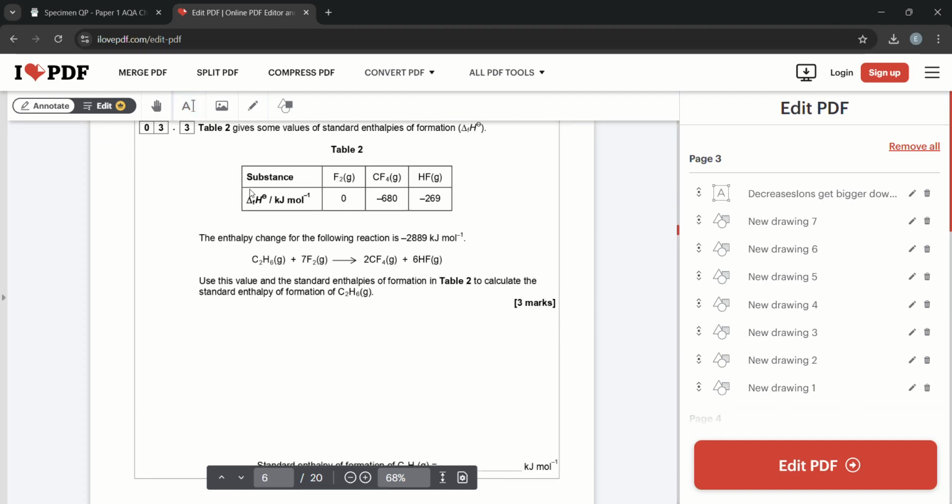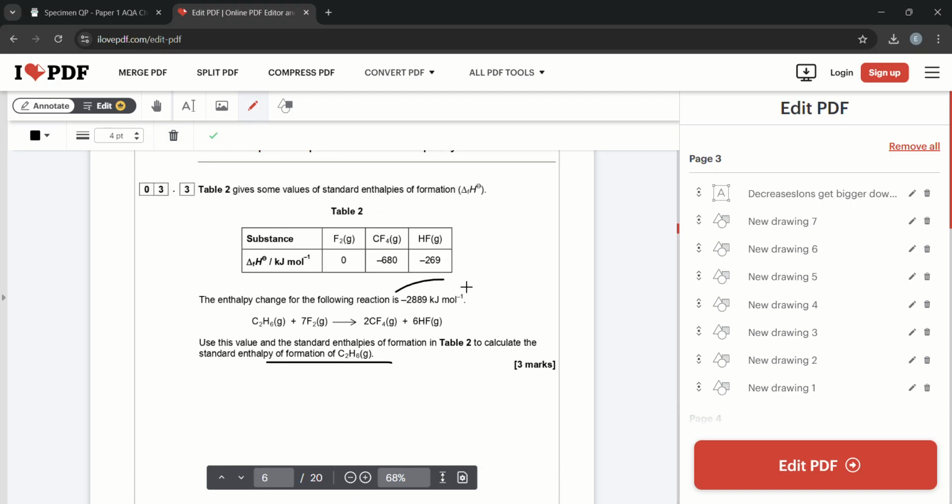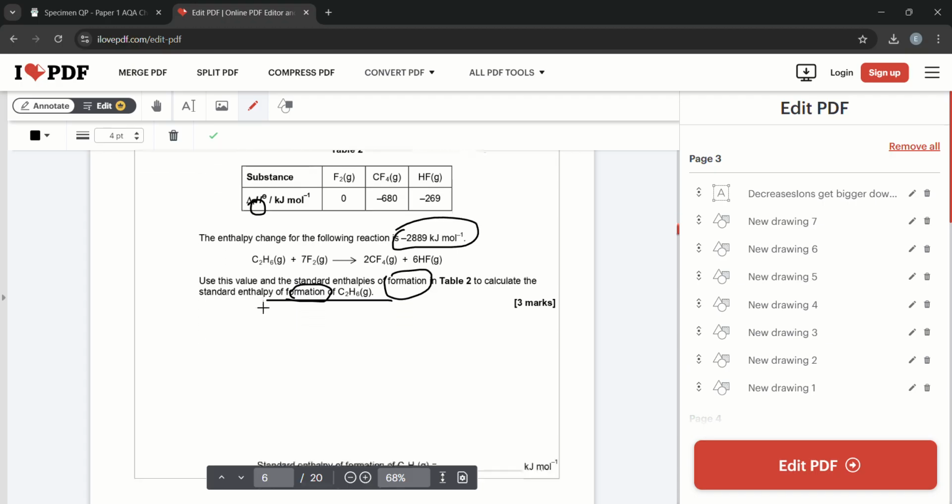3.3, calculate the standard enthalpy of formation of this, and we're given the enthalpy change. Well, formation data, it says it once, twice, three times, and that little f tells me it's formation data anyway. So it should be pretty clear that it's formation data, not combustion data.